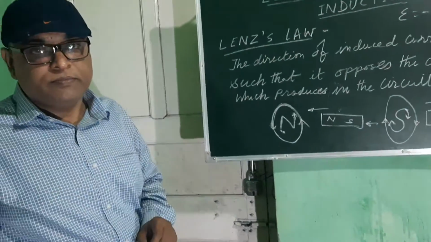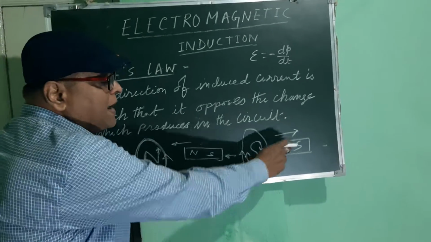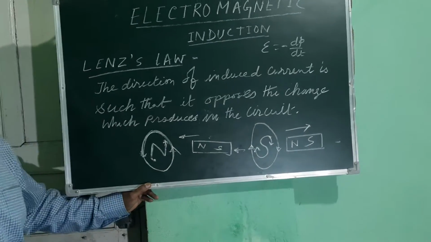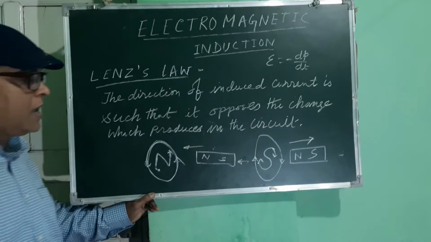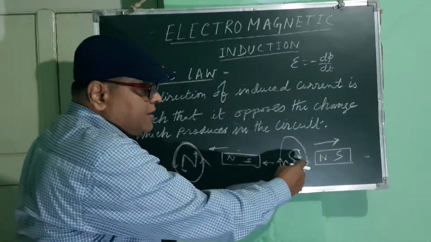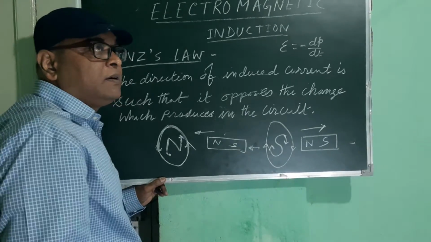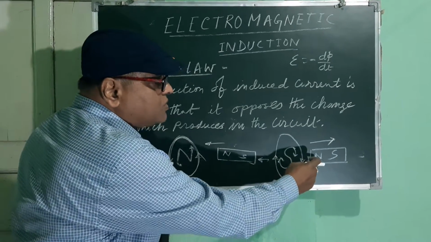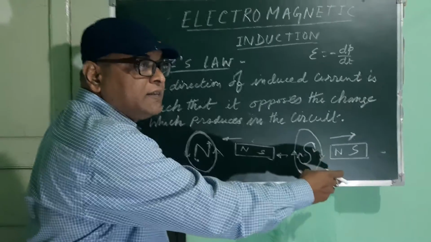Similarly, when the magnet is moving away from the coil, now what will happen? There will be an attraction. Then in attraction it will stop. As soon as it stops, one force is required to be given, an opposing force, against the attraction.